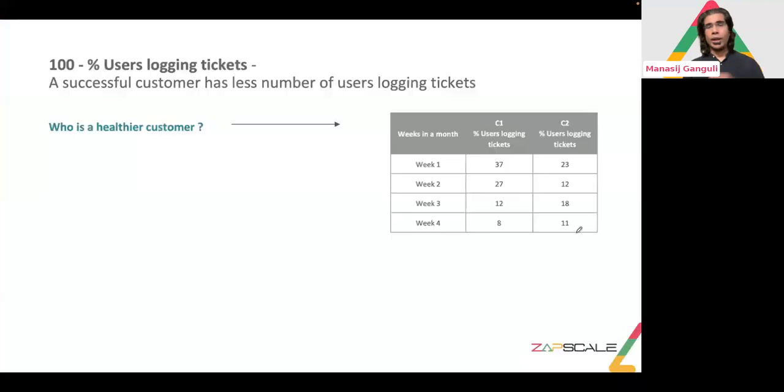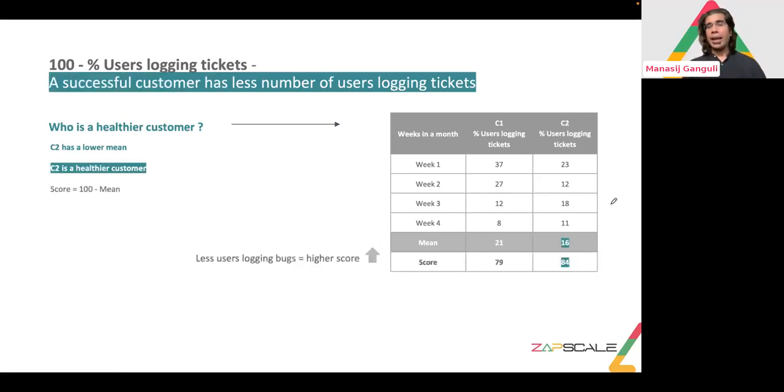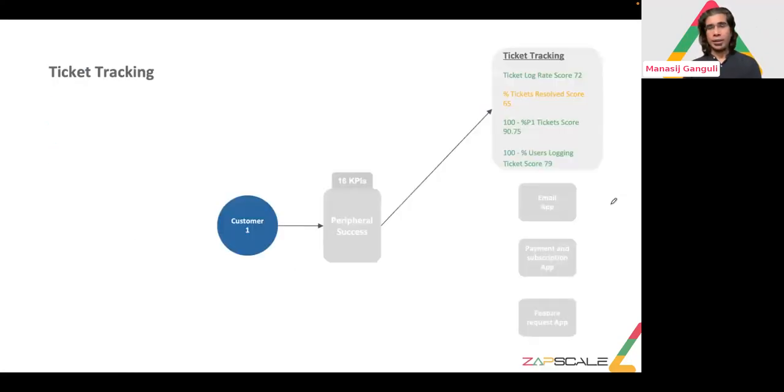So again, we look into the percentage of users in your customer space who have logged tickets, and here the lowest score will win, because it means that fewer users of this customer are aggravated and logging tickets with you. So you can know the overall happiness sentiment of the ticketing by looking into this particular case. Here, the lowest score wins the day, and that's how we get the score for this KPI.